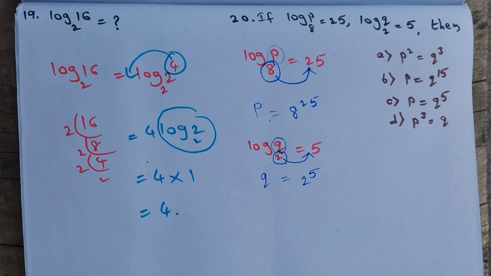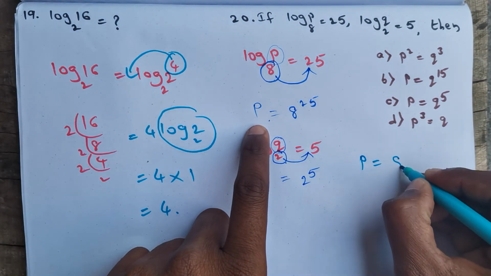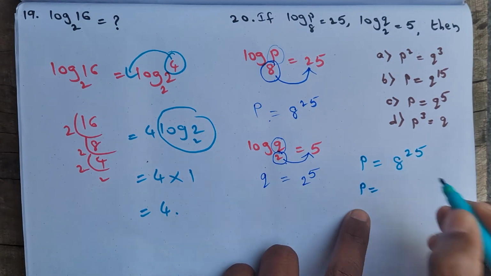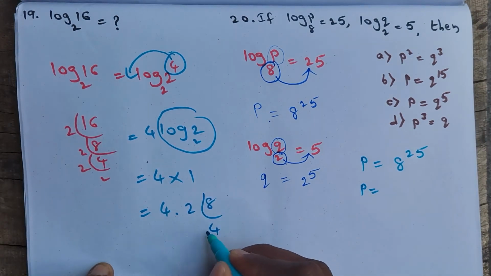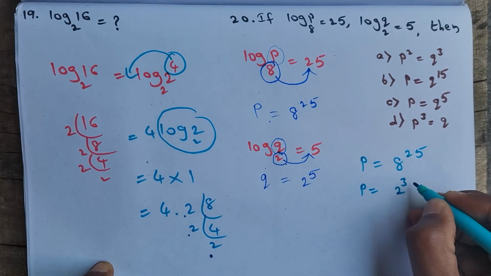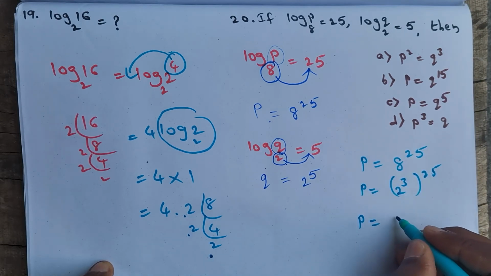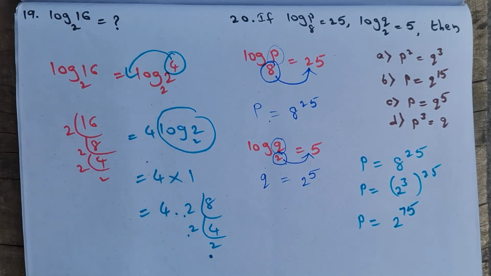Now let us try to keep some relation between p and q. p is equal to 8 power 25. If I do prime factorization of 8, 2 4s are 8, 2 2s are 4, 1, 2, 3, so 2 power 3, and 25 is already there. So p is equal to 2 power 3 into 25, that is 2 power 75.